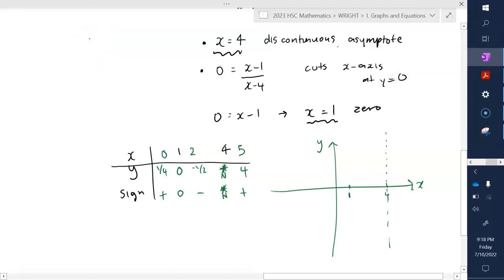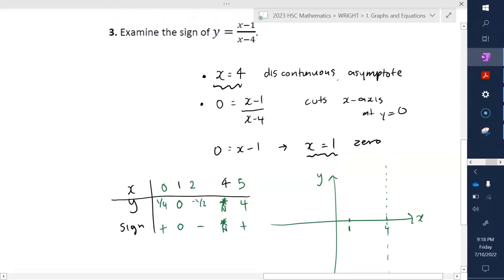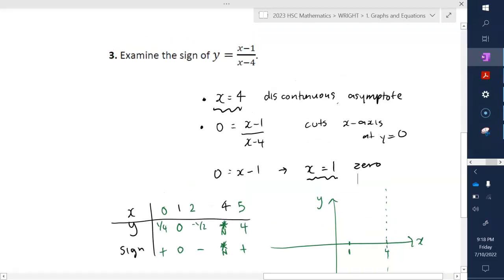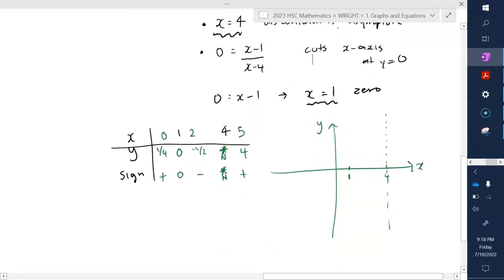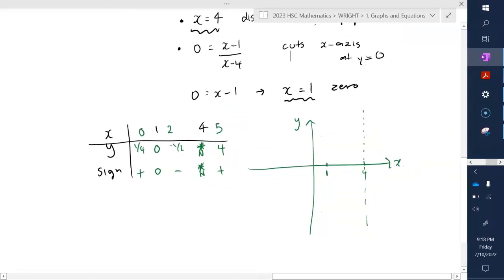Looks to me like it's going to be a hyperbola, and it's going to be a positive hyperbola, so you're probably going to find without doing anything that you're going to have one part down here and one part up here. If it was negative, it would be in the opposite corners. We know it's positive because the x's do not have negatives out the front of them. But let's check and see what's happening anyway.